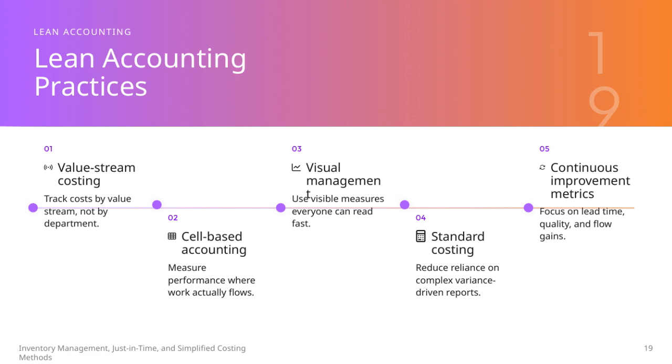Visual management is crucial, using easy-to-read, visible measures that everyone can quickly understand and act upon. Standard costing reduces our reliance on complex variance-driven reports, simplifying cost analysis. Lastly, continuous improvement metrics concentrate on lead time, quality, and flow gains, encouraging ongoing enhancements. Together, these practices support inventory management, just-in-time principles, and simplified costing methods that drive lean success.